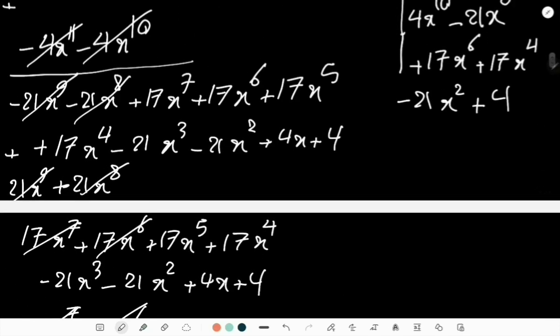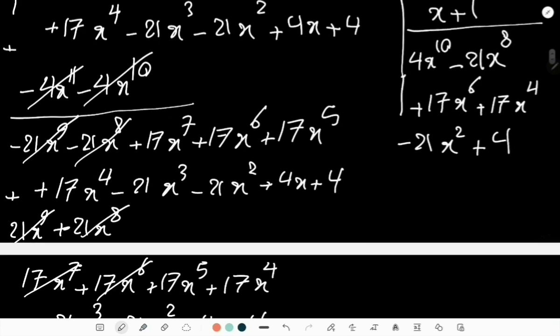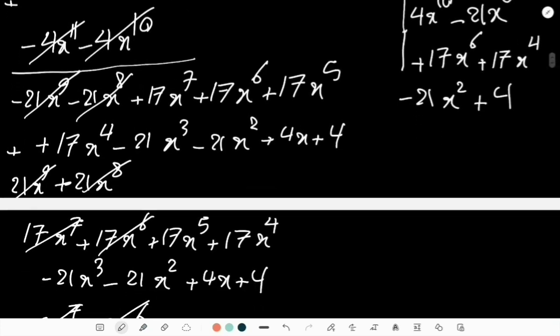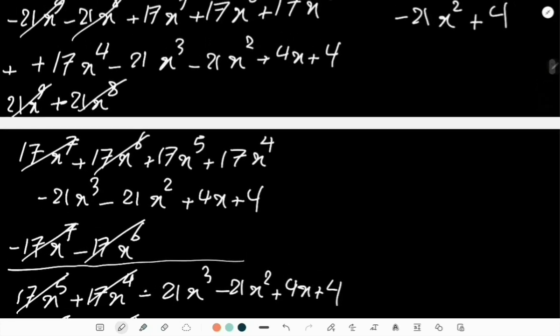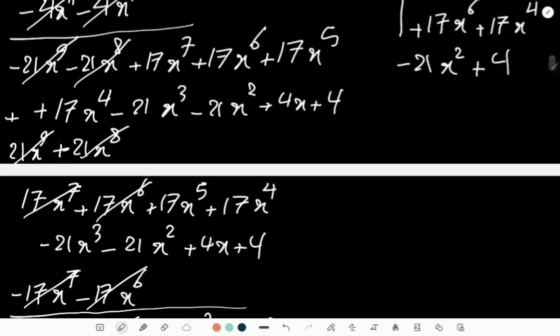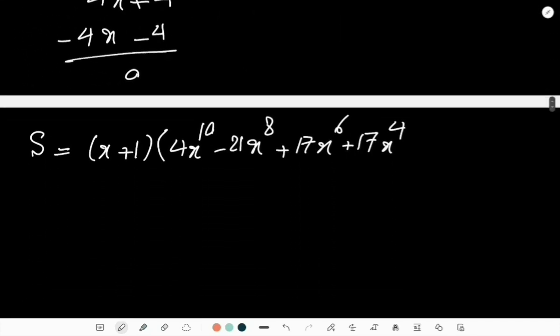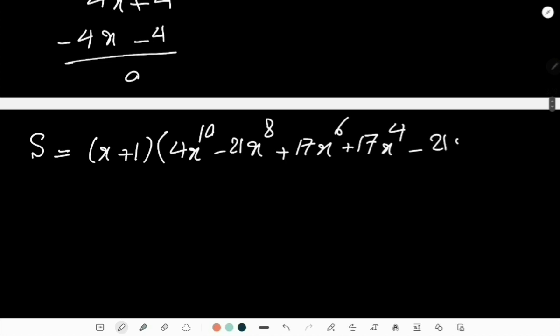What else do we have? We have plus 17x^6, plus 17x^4. And then we have also minus 21x^2 plus 4. Perfect.